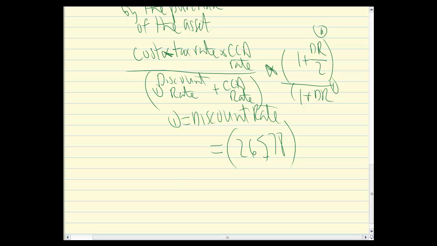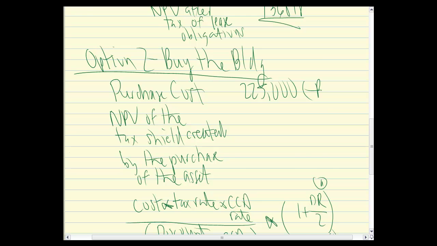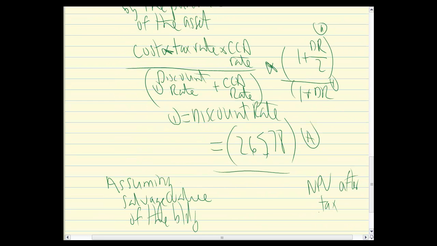So basically, assuming no salvage value, that's the kicker here. Assuming no salvage value of the building, your net present value after tax equals B minus A. Everybody agree?